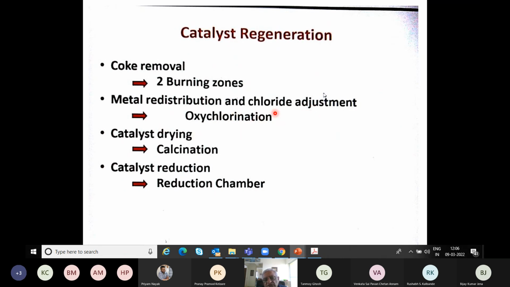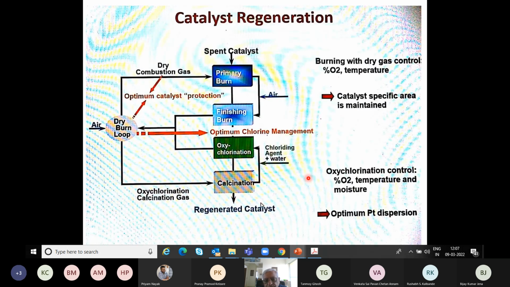And then since the catalyst gets moist because of the water formation, we dry the catalyst. So there is a calcination step, and then there's a reduction chamber where you reduce the platinum oxide or the tin oxide back to their virgin character, like platinum or tin.